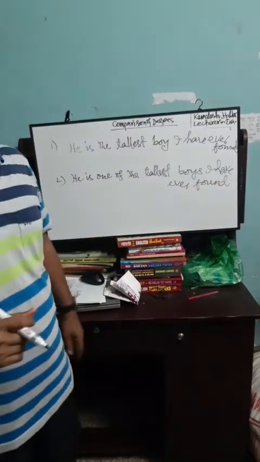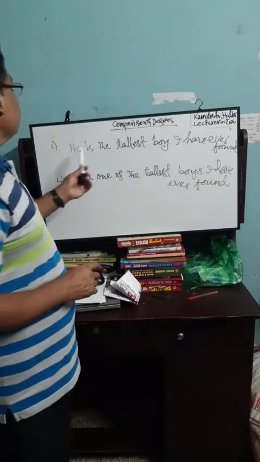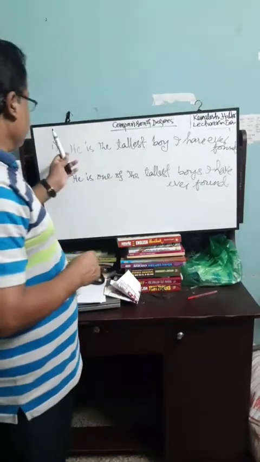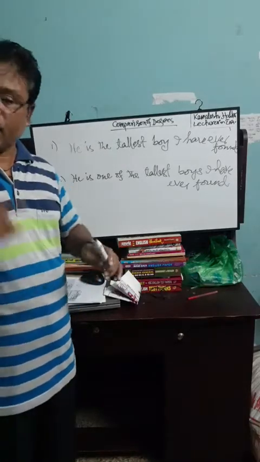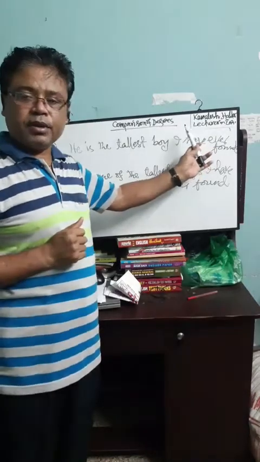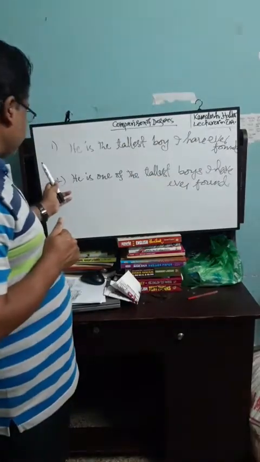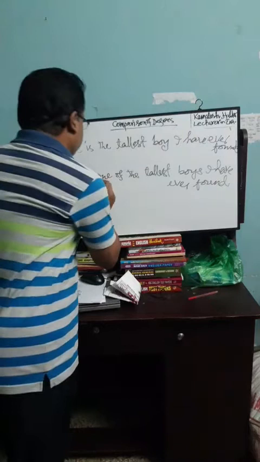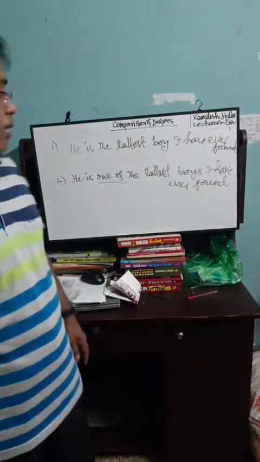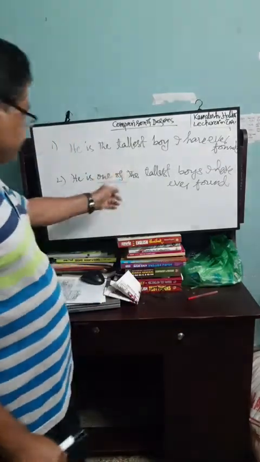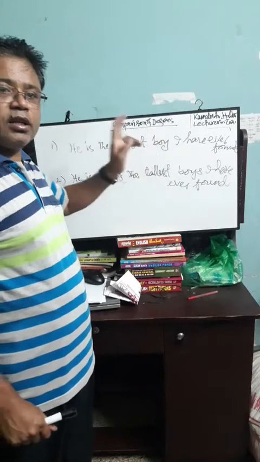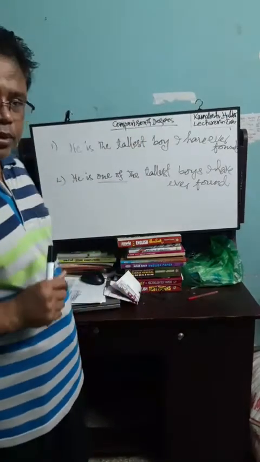There are two sentences. One is, he is the tallest boy I have ever found. This kind of sentence is a simple superlative. And the next sentence is, he is one of the tallest boys I have ever found. This kind of sentence is the sentence with one of.